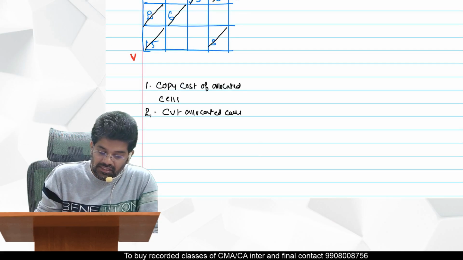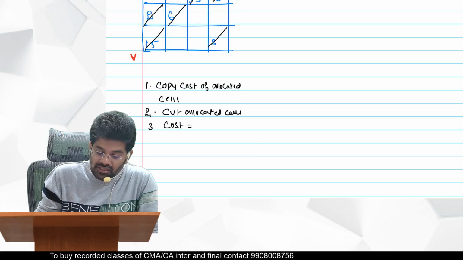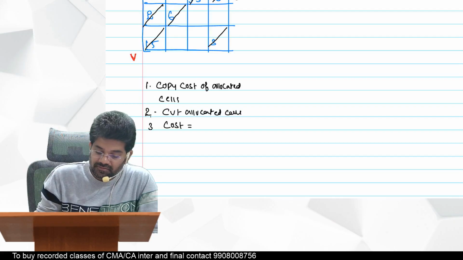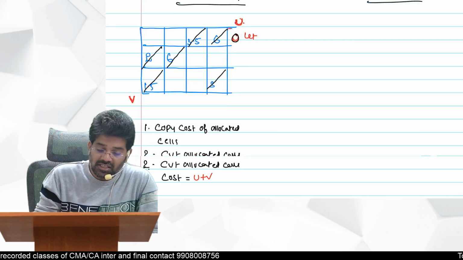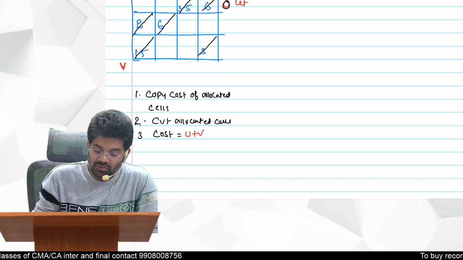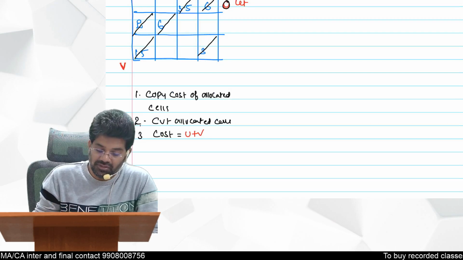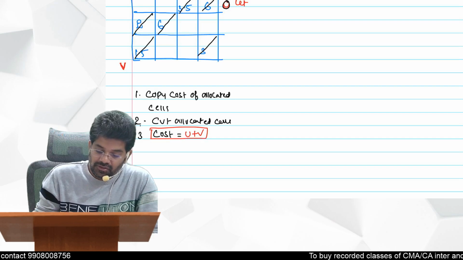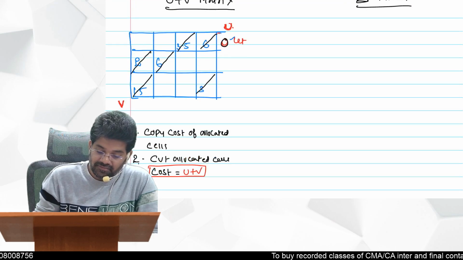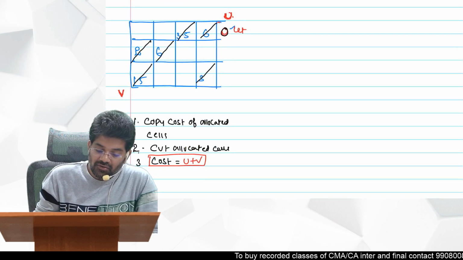Third one is, use this equation: cost is equal to U plus V. Inside, the cost is there, no? That cost is equal to U plus V. This is the equation you have to use. So first I am taking 0 as the U value. The V value we don't know, but the cost I know. What is the cost? 6.